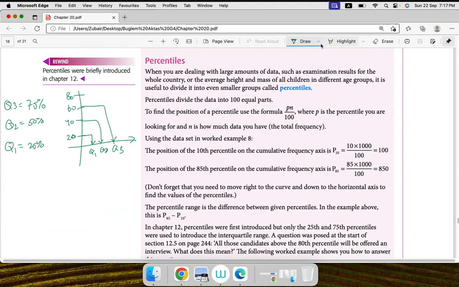Now, after saying that, percentiles, this could be anything. They could ask 12th percentile, they could ask 84th percentile, 76th percentile. Whatever it is, of the total, let's say they're asking 12th percentile, I would do 12 over 100 of 80.